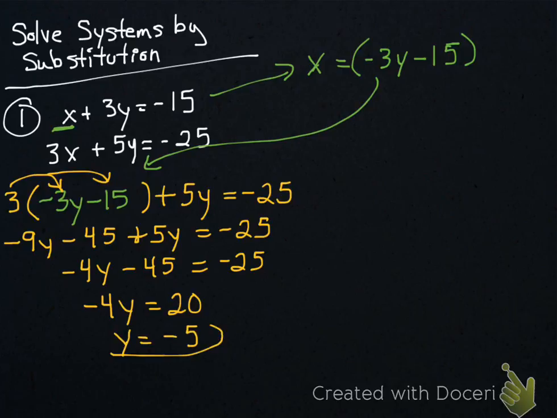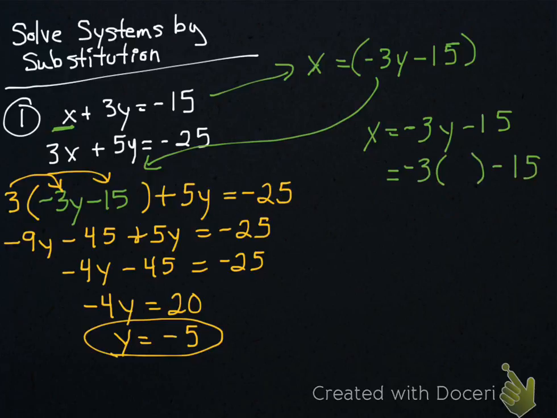Now this is only half of the answer. So we need to go back and plug that in for the x. So we had x equals negative 3y minus 15. And we are going to plug in the value of y, and the value of y is negative 5.